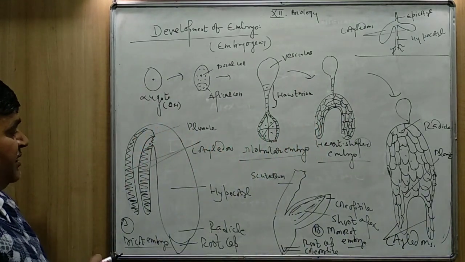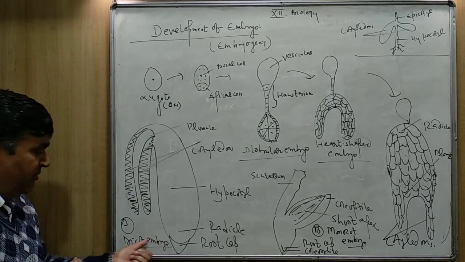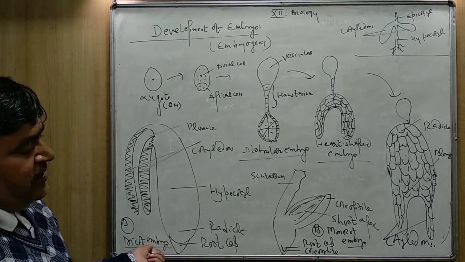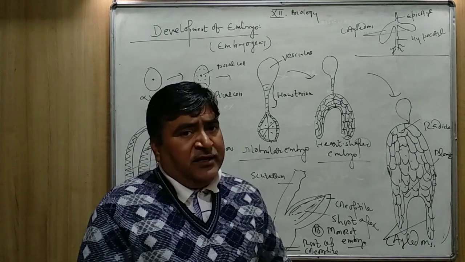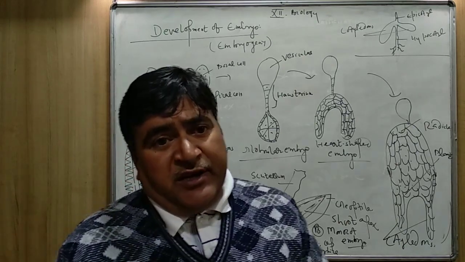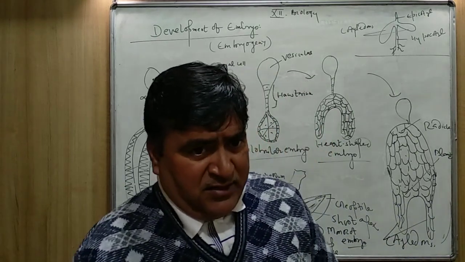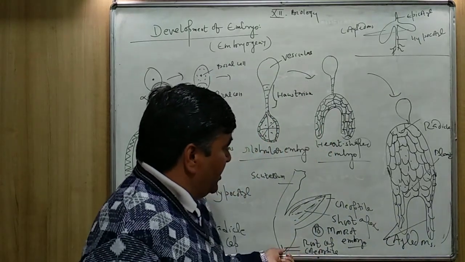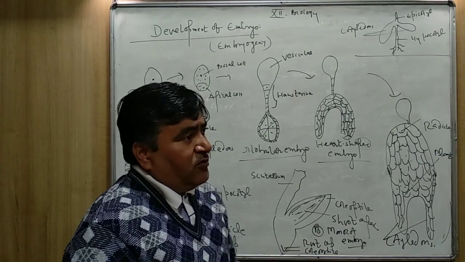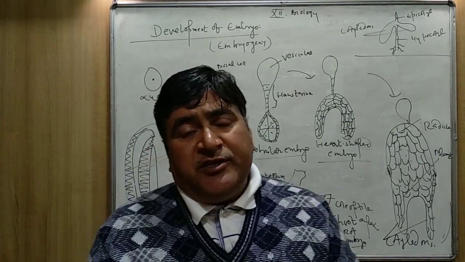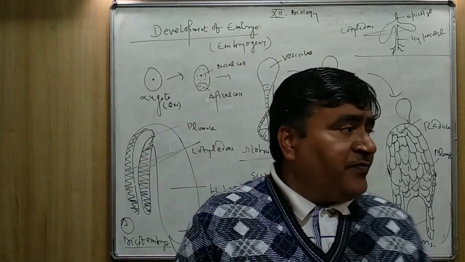So the dicot plants have what kind of embryo? Dicot embryo. And all the grasses, including crops like wheat, maize, rice, are monocot plants, and their embryo is called monocot embryo.